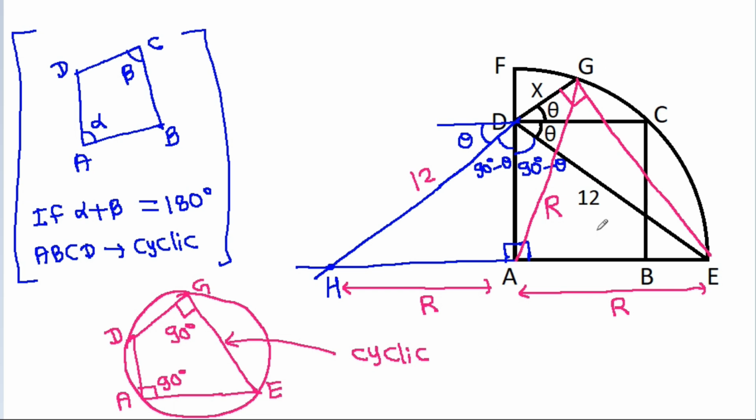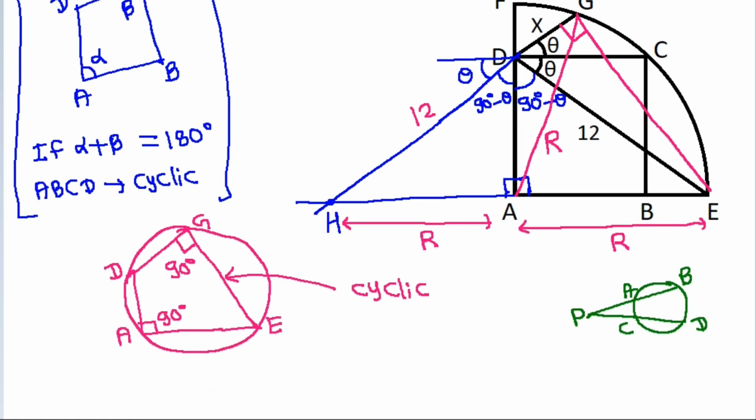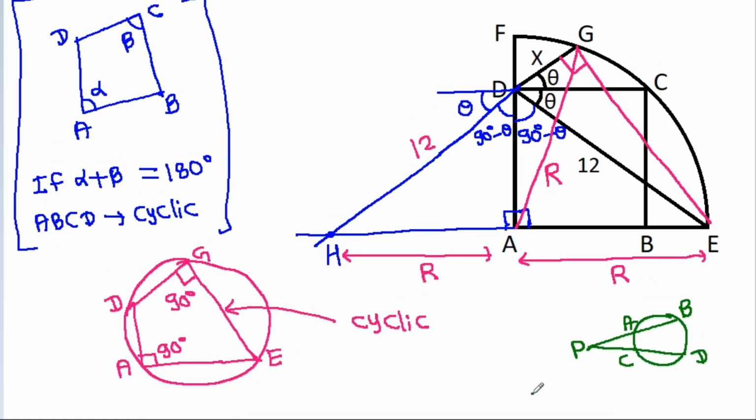and in any circle, if this point is P and it is A, B, C, D, then PA times PB is equal to PC times PD.